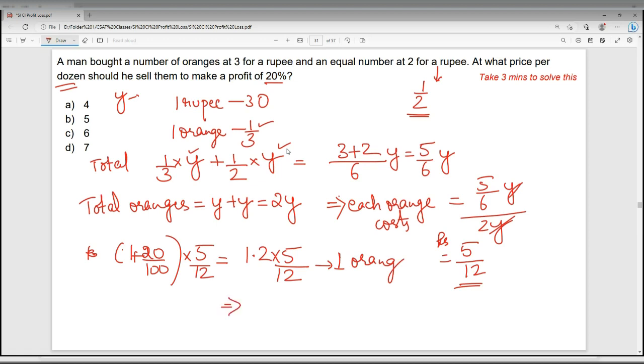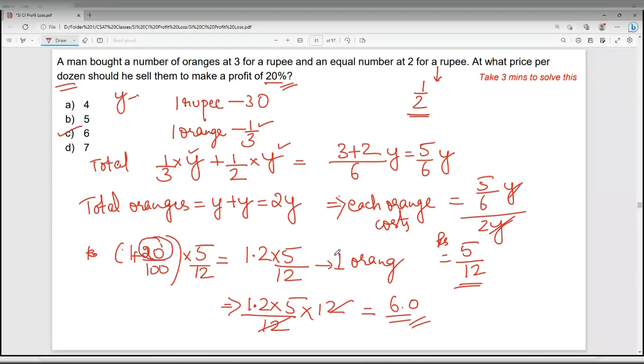This implies 1.2 into 5 divided by 12 into 12. 12 cancels, so this is 1.2 into 5, that is 6. 12 fives are 60, and with one decimal, it is 6.0. So he has to sell a dozen oranges at 6 rupees to make 20% profit. So the correct answer is option C.